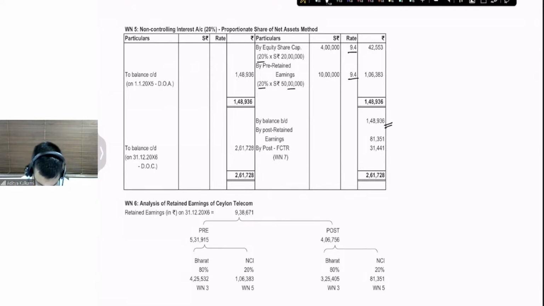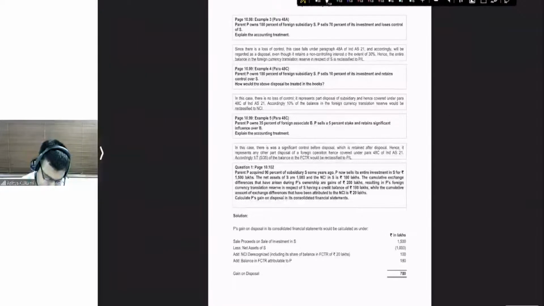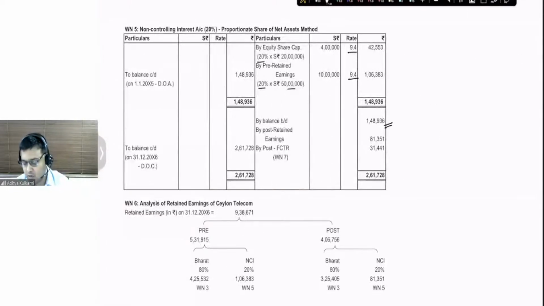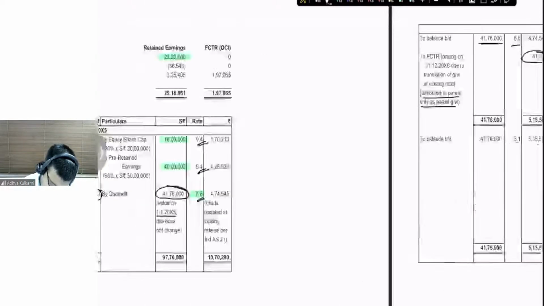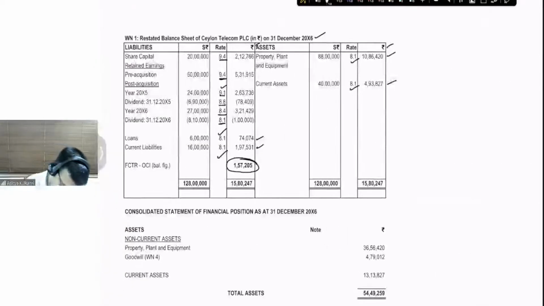Okay. Next. Now we just have to analyze the retained earnings. How do I get my retained earnings? I have already done that working. Retained earnings in Sri Lankan rupees, we already have that figure.